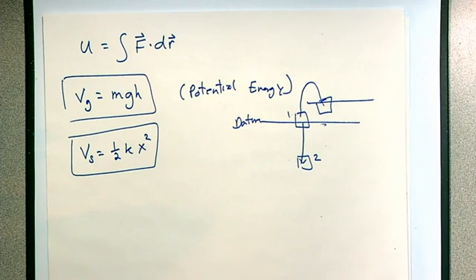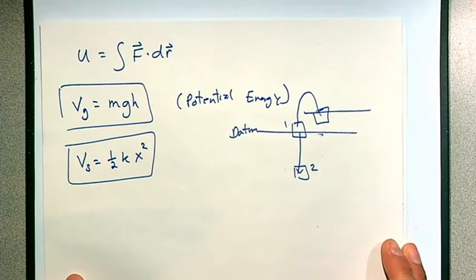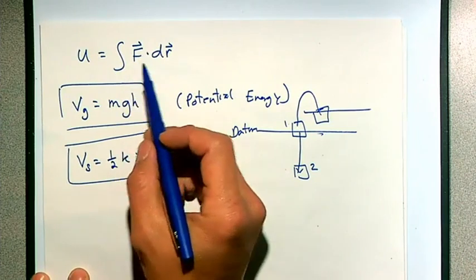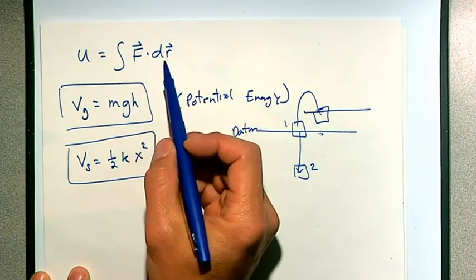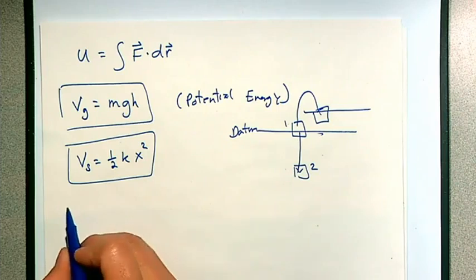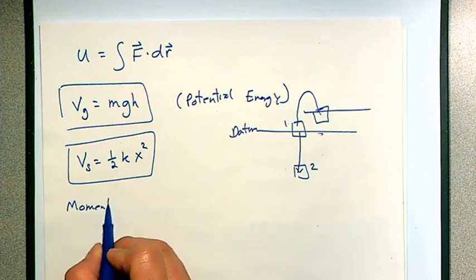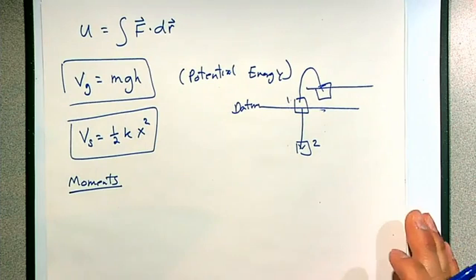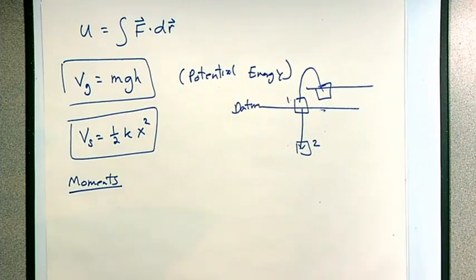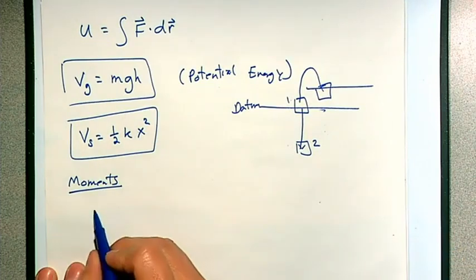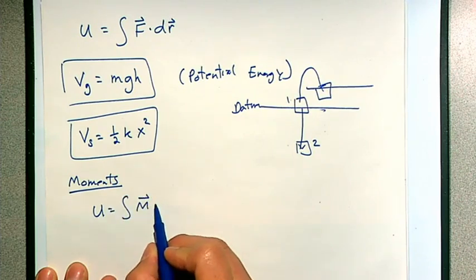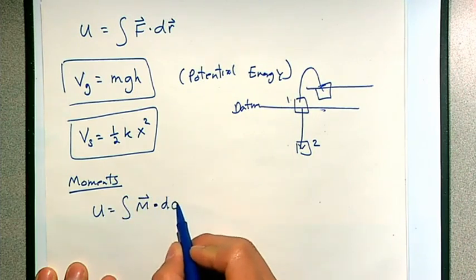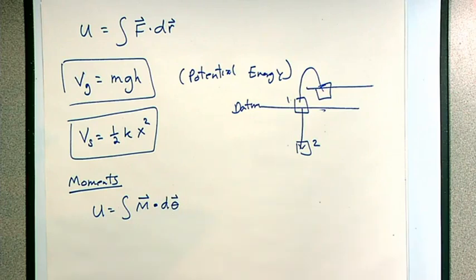The one gotcha is that for our work, here we were looking purely at translations, forces dotted with displacement. We could also use moments now. Now that we have a body rotating, we can put torques on these bodies. So work can also be the integral of moment dotted with d theta.